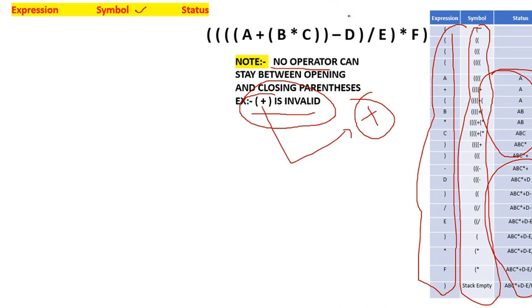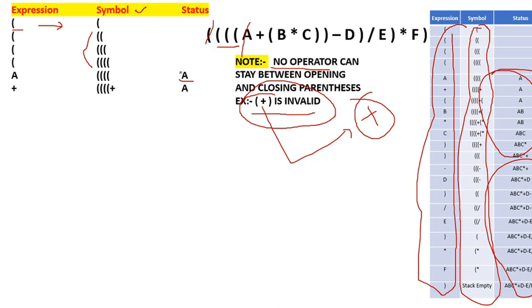First we see that this is a parenthesis, and a parenthesis will go on the symbol column. Again, simultaneously there are three parentheses, and all three will go on the symbol column. After that a will come, a is an operand, and it will go on the status column.